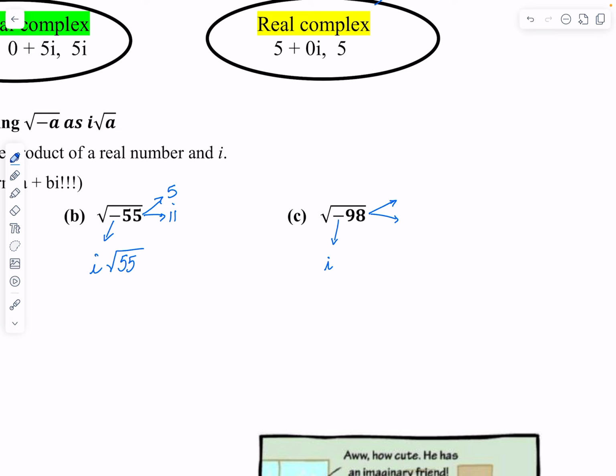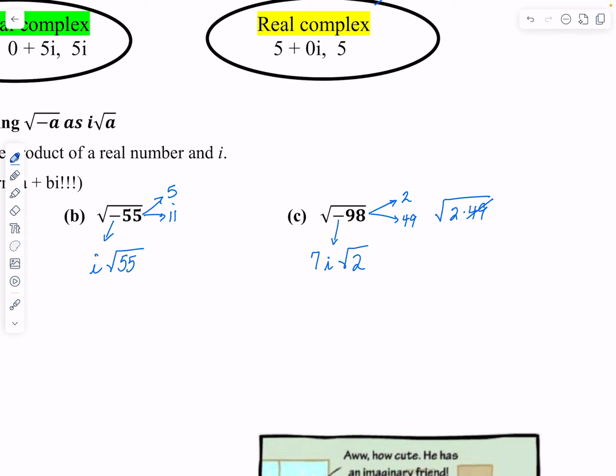Now, I know that 2 goes into it, so if I divide 2 into 98, I'll get 49. So that really is the square root of 2 times 49. So 49 actually has a square root, so I'm going to take that out. The square root of 49 is 7. And then I can't do anything with my square root of 2, so that's just going to stay underneath the house.